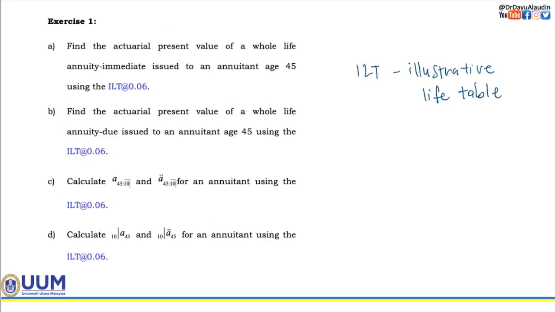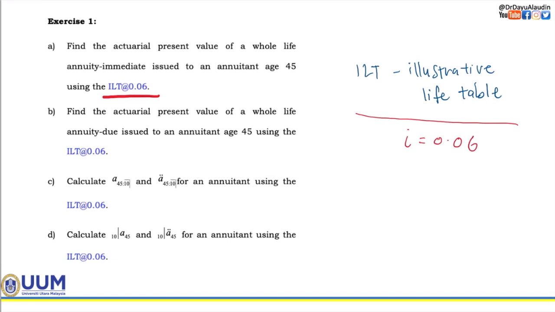So now we can try the exercise. A, find the actual present value of a whole life annuity immediate issued to an annuitant age 45 using the ILT at 0.06. ILT is the illustrative life table, and 0.06 is the interest.